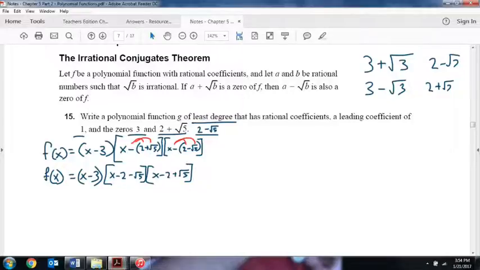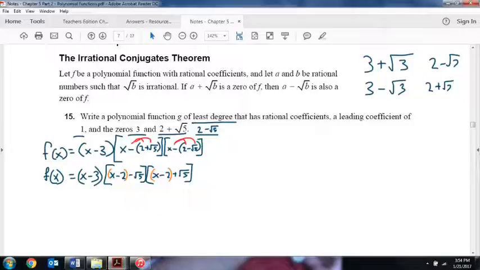Alright? And then what I'm going to do is group these two together and treat them as one big unit. This is a bit of a trick, but it is a very useful one. And here is why. What we have there now is a difference of squares.